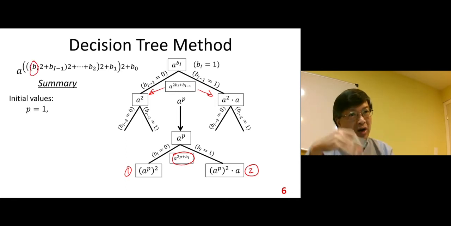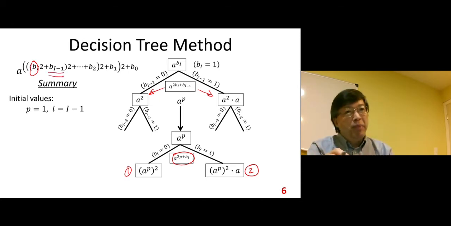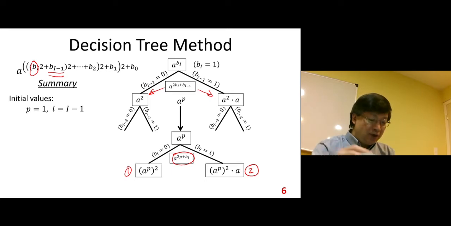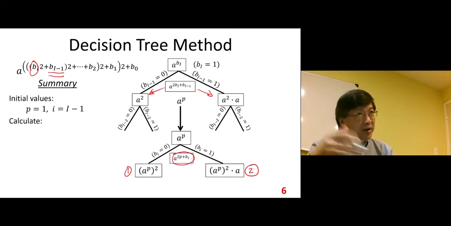So we start with p equals 1. I equals capital I minus 1, because the first unknown bit to be considered is this one, I minus 1. Then we do the calculation.